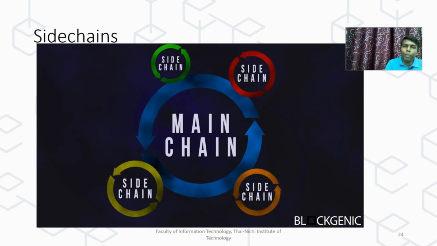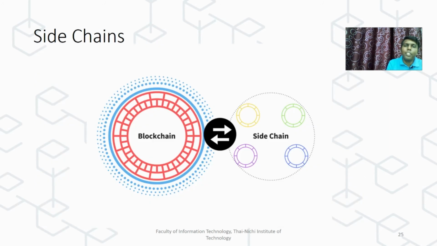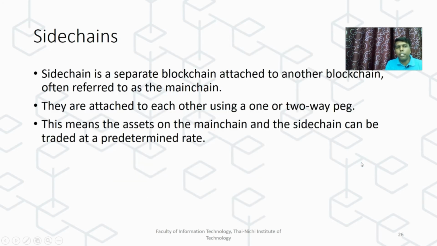You can have a particular privacy in that sidechain. So this is how sidechains are made to work. You have the main blockchain, and this main blockchain will be connected to a list of sidechains. These sidechains will be separate smaller blockchains, and they will keep sending and receiving the transaction values based on the cryptocurrencies given in.